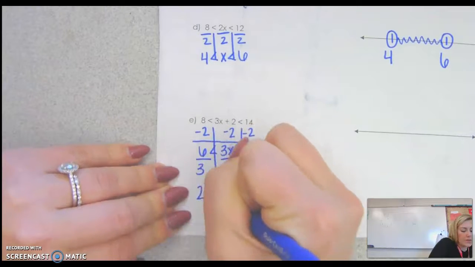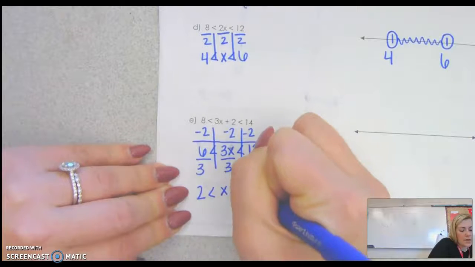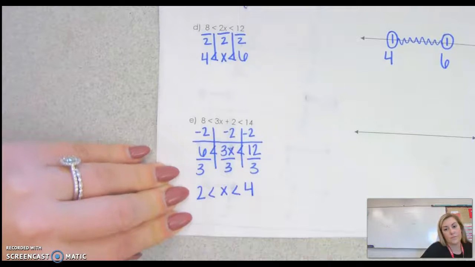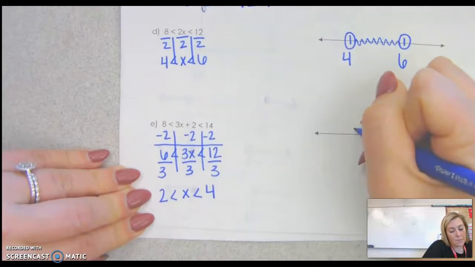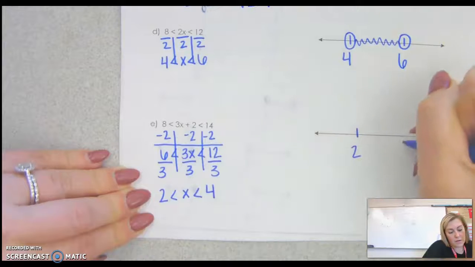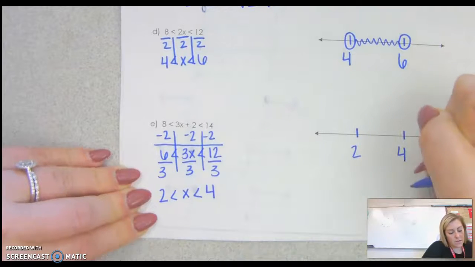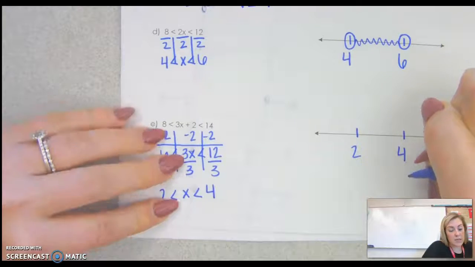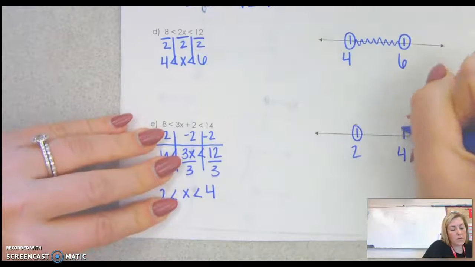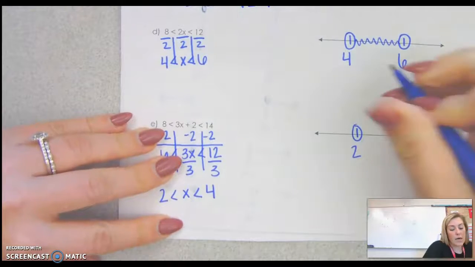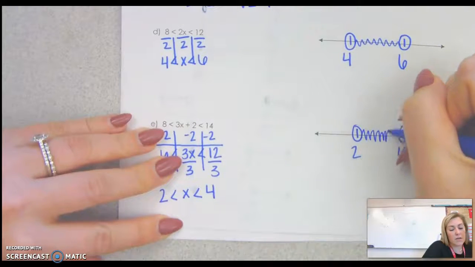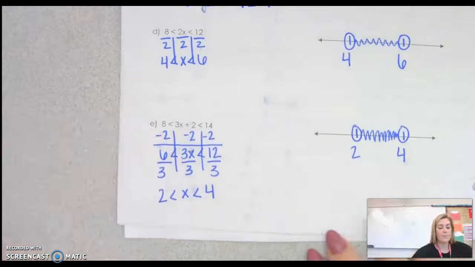So I have 2 is less than x is less than 4. Go ahead and plot that on the number line. They're both just less than, so it's going to be open circles. And it's an and, so you shade in the middle.